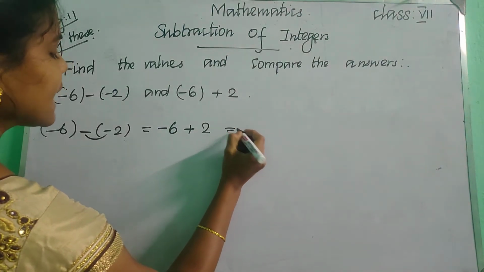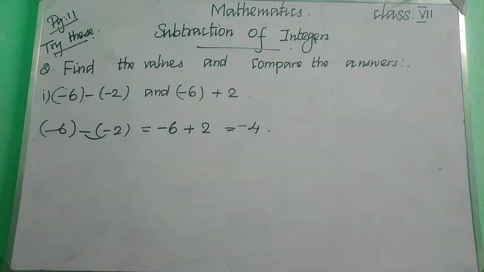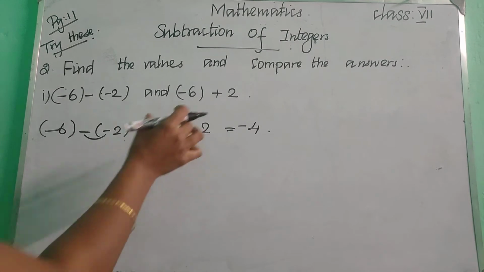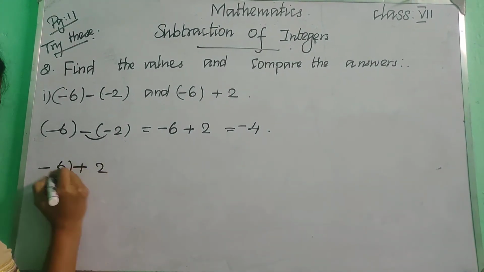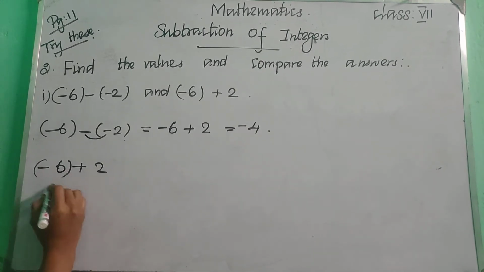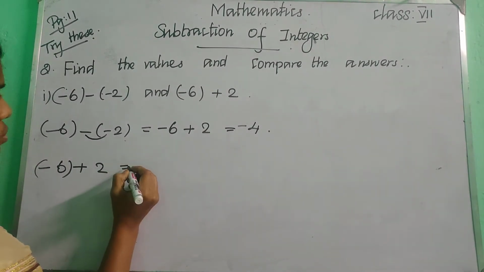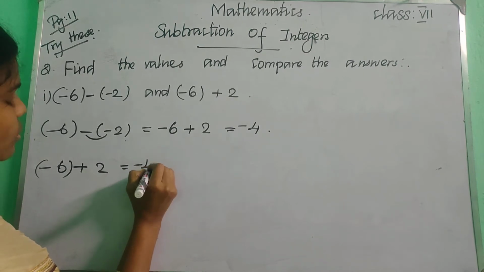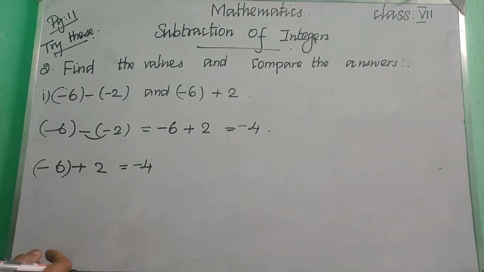Minus 6 is greater, so minus 4 is the answer. And see, minus 6 plus 2: now it is having different signs, so we subtract and put the greater number sign. 6 minus 2, it is minus 4. See, we got the same answers.